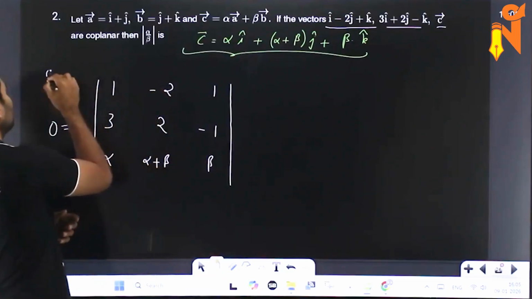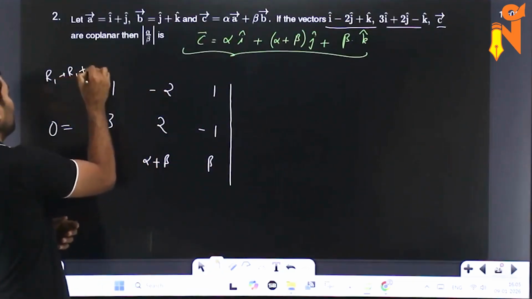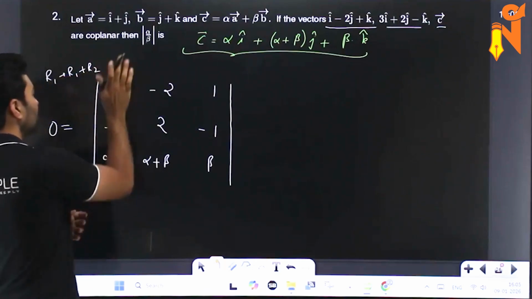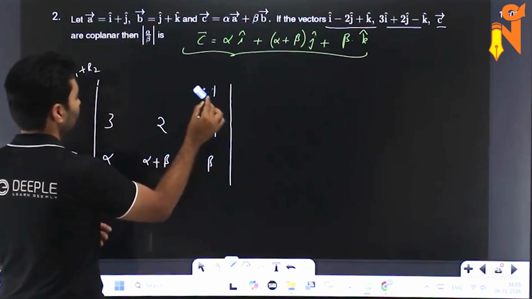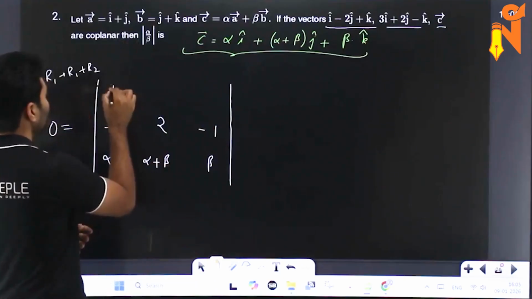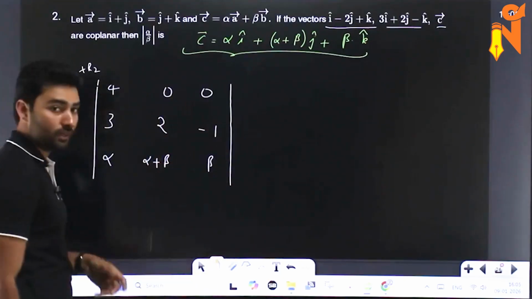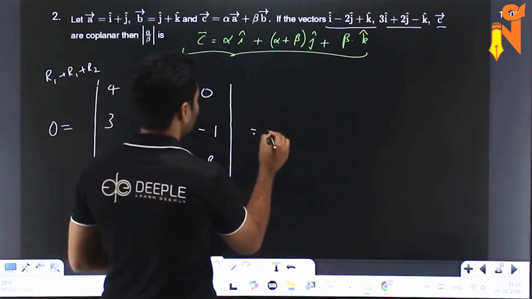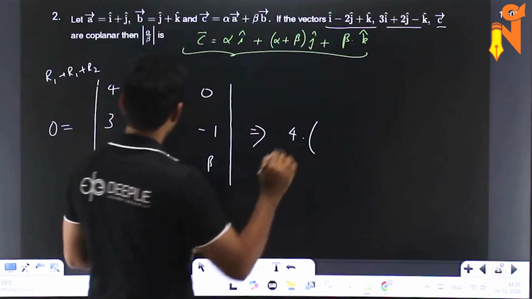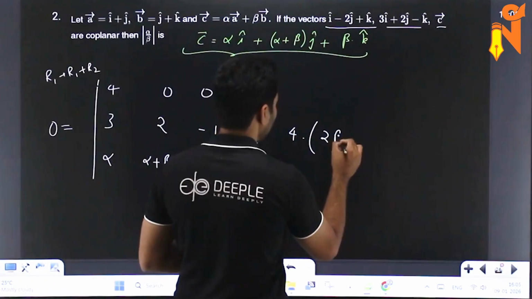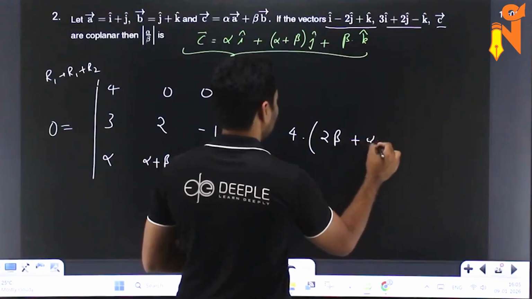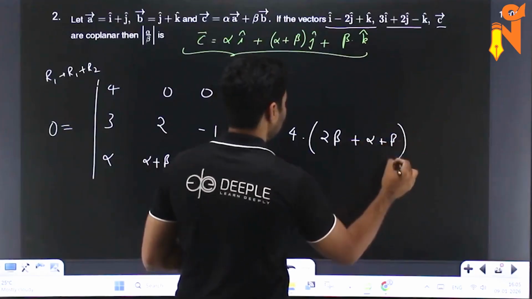So R1 as R1 plus R2, row transformation. So this will become 4, this will become 4, this will become 0, 0. 4 0 0. Now I will pick the first row. Okay, so 4 into 2 beta plus alpha plus beta.